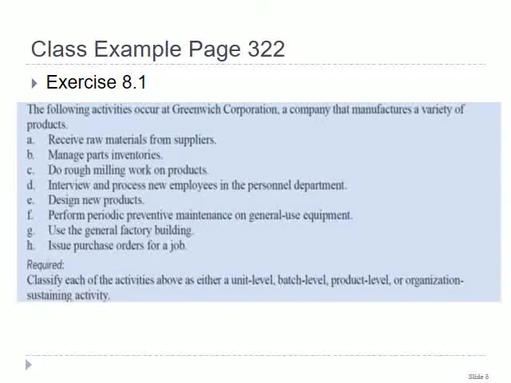So I have pasted exercise 8.1 from your book chapter, on page 322. I want you to pause the video, read the question thoroughly, and try to solve it yourself, and then we will solve it together. Okay, let's talk about the question.